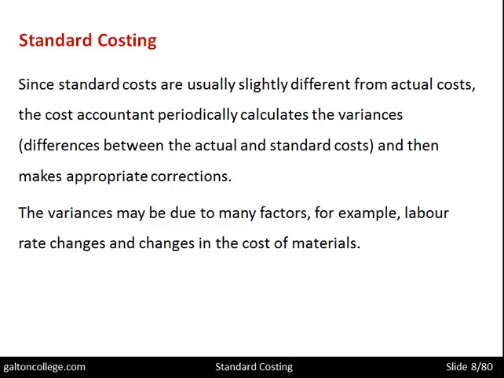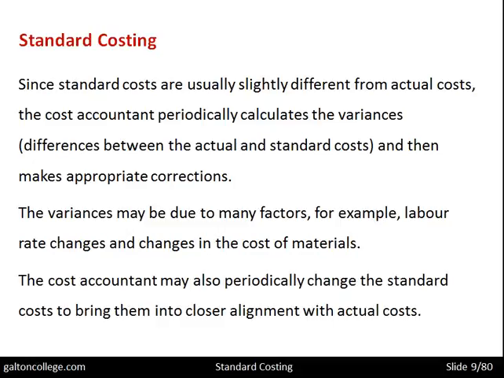But whatever the factors are, the accountants will make their best estimate and use that as a standard cost, and then at the end of the accounting period will look for any variances between what they estimated and what the actual figures were, and correct for those differences.